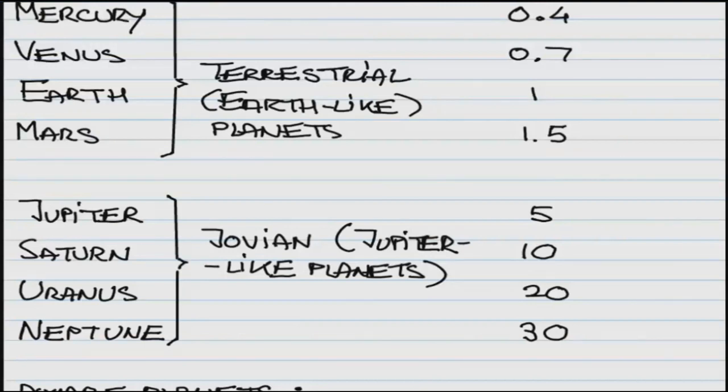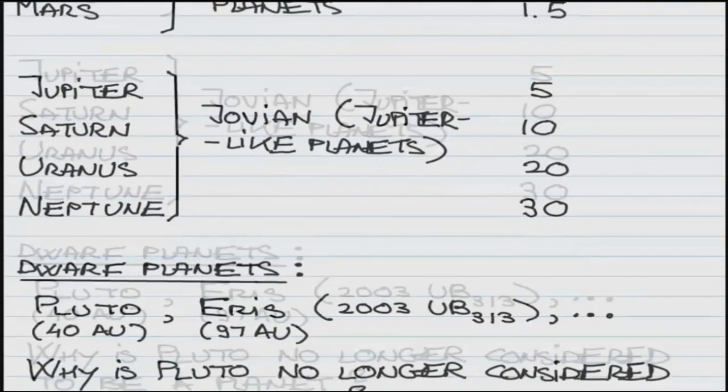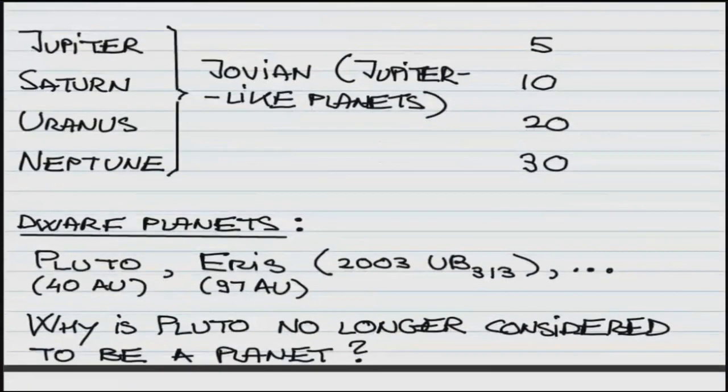Then we have these so-called dwarf planets, Pluto, which is at about 40 astronomical units away from the sun, and Eris, that was finally discovered in 2005, although the first recognition that there is something out there was made in 2003, and it is at about 100 astronomical units away from the sun.